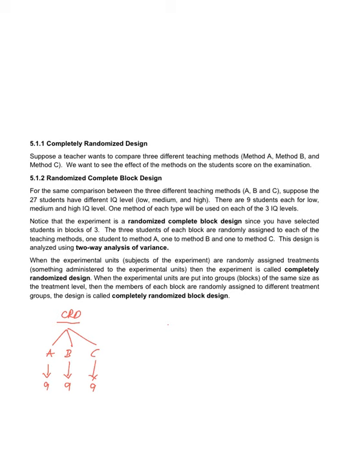In CRD just now, we did not group the students according to IQ level. We just chose randomly 9 students for method A, 9 for method B, and 9 for method C. But for randomized complete block design, we group the students according to IQ level. For RCBD we want to compare the teaching methods, and then there is another factor, which we call the block, which is the IQ level.